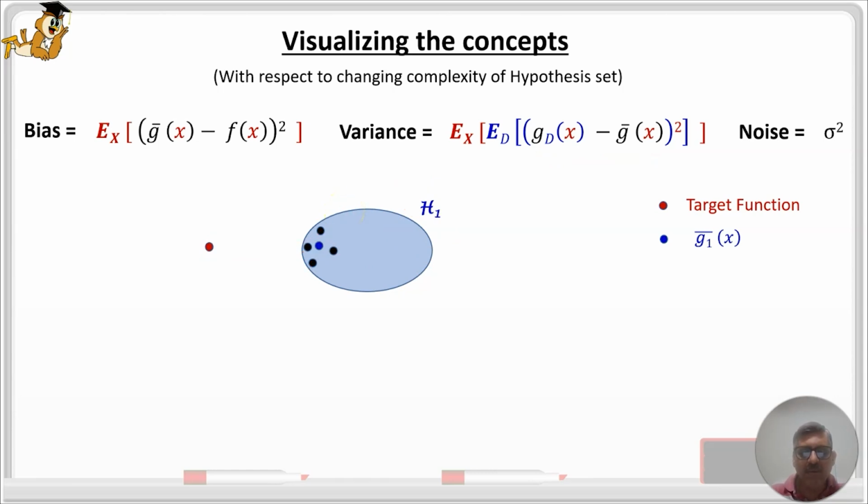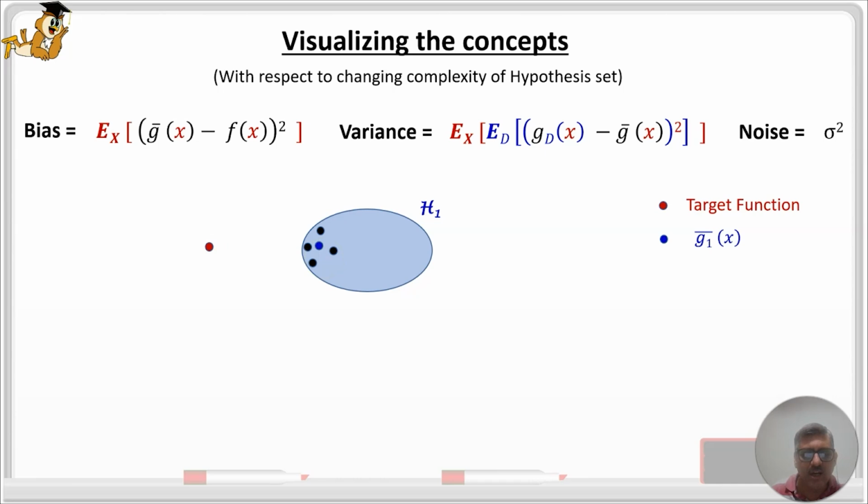Now, because the hypothesis set H1 is a limited set, it's a small set, and the target function is not a part of the hypothesis set, the bias distance is large. Okay, the bias distance is large. Because this is a limited hypothesis set, these black dots are fairly close to the blue dot, which is why the variance is smaller. That is what we are indicating over here.